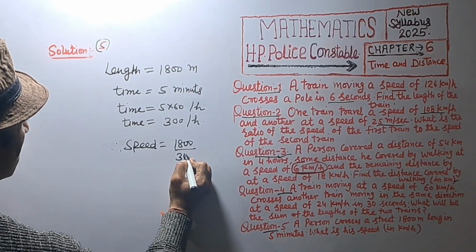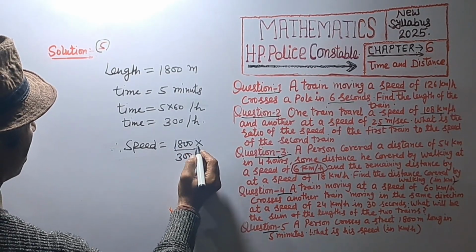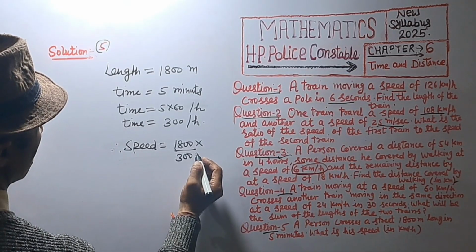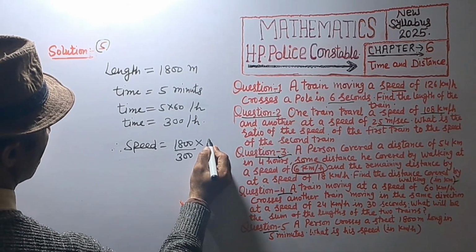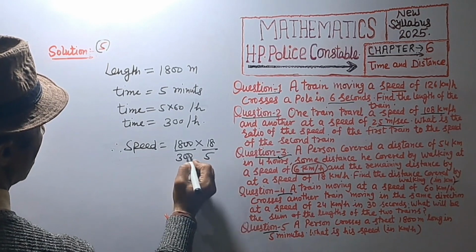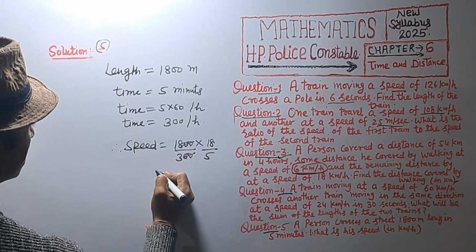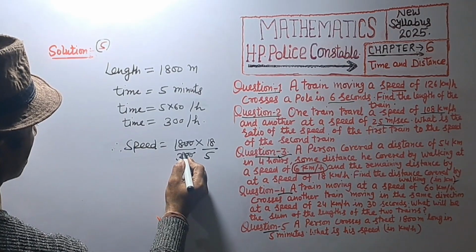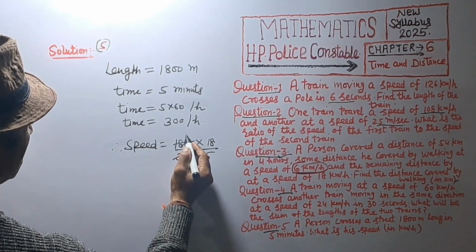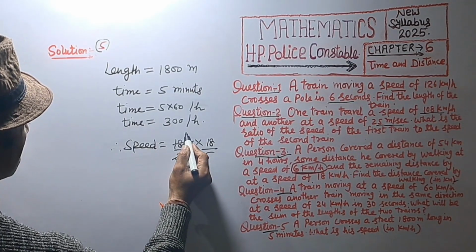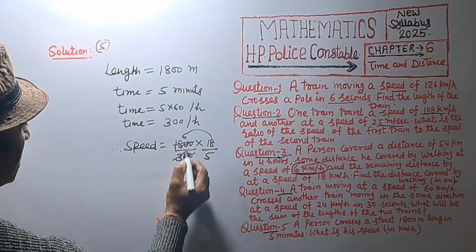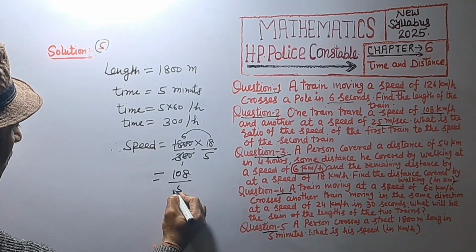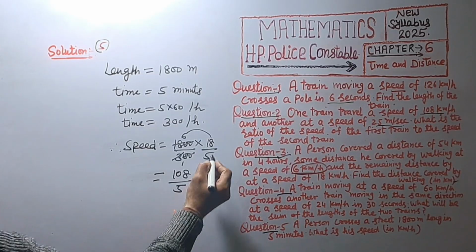1800 upon 300 multiplied by 18 upon 5. 3 ones are 3, 3 6s are 18, into 6 is equal to 108 upon 5.